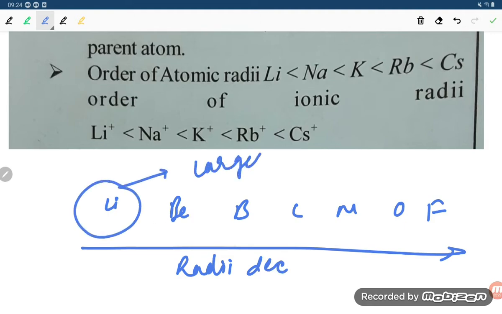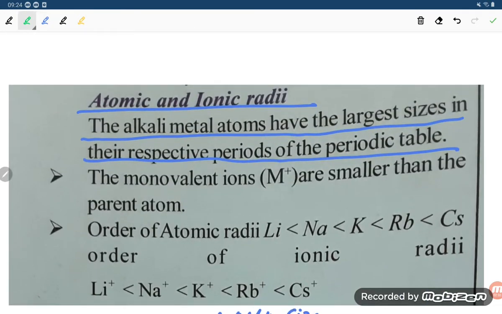That is what they are saying: the alkali metal atoms have the largest size in their respective period of the periodic table.